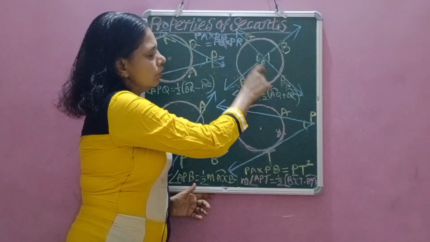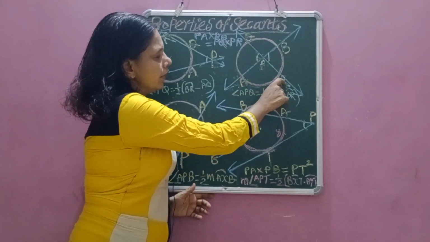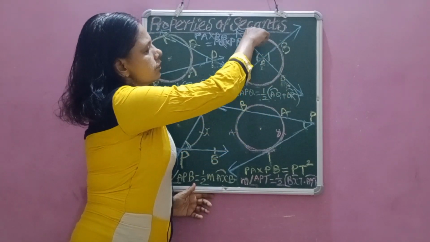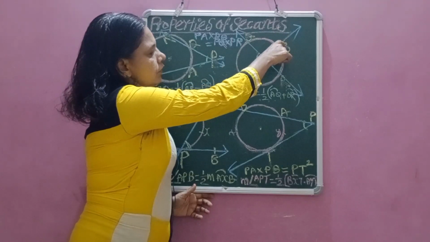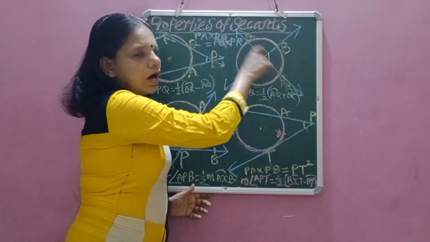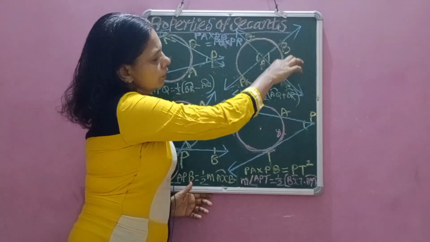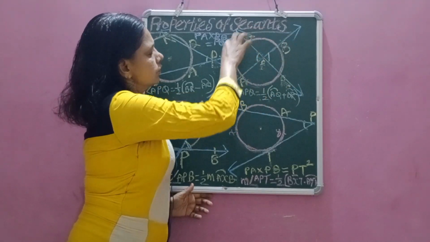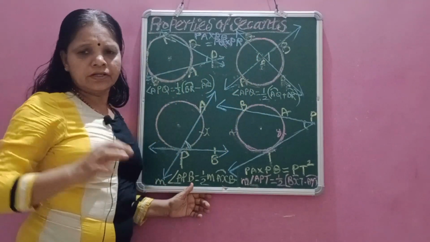APR equal to half measure of arc AR plus QB. If it is BPR, half measure of arc BR plus QA. Clear the difference?